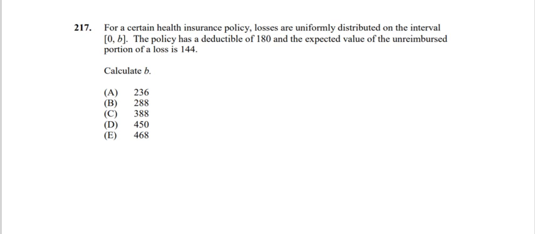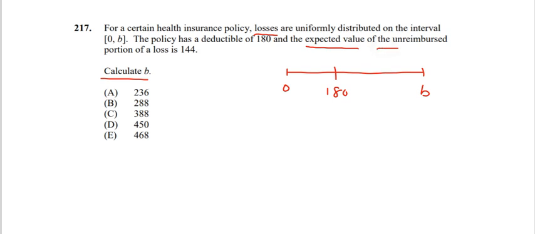For this problem, we want to calculate this b. So what is b? b is the upper limit of the loss, which follows a uniform distribution between 0 and b. The policy has a deductible of 180. We want the expected value of the unreimbursed portion.